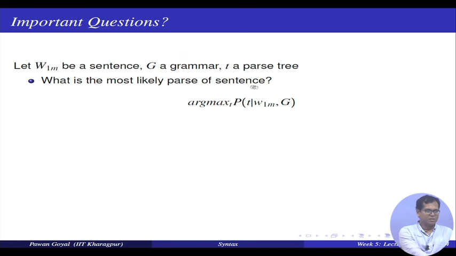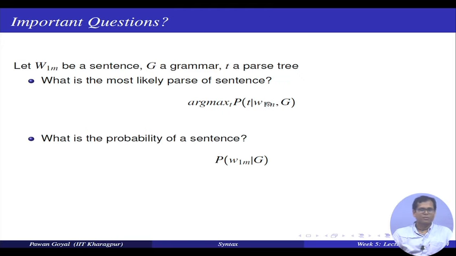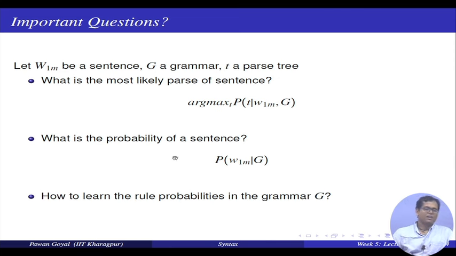Which parse tree T gives the maximum probability, argmax of the probability given this sentence and the grammar? Then, what is the probability of the sentence given my grammar? And finally, how do we learn the rule probabilities of my grammar G? These are the three interesting questions that we would like to answer in the next lectures.